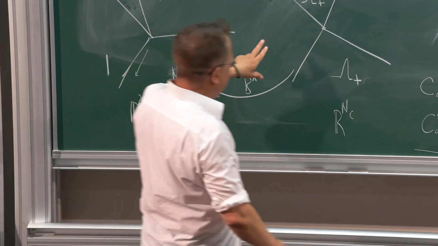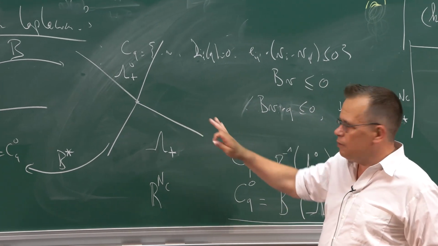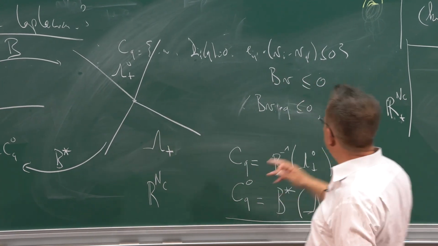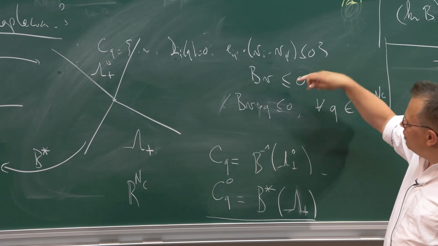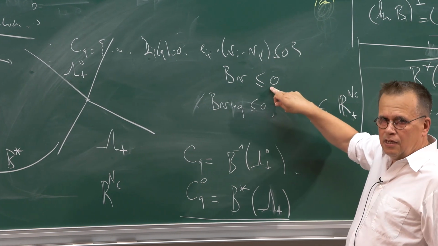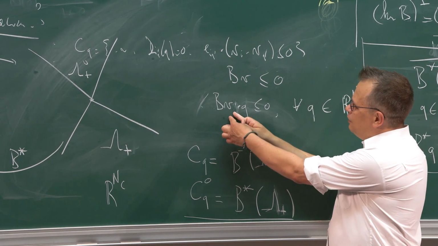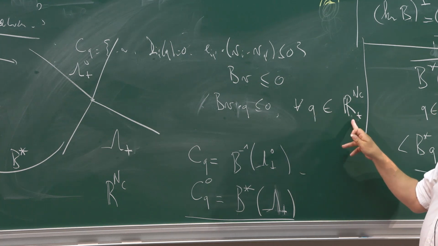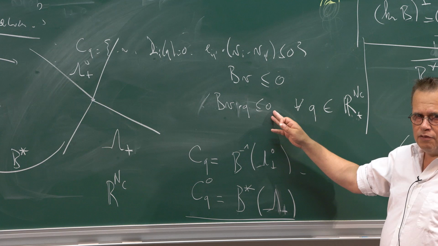This is quite general actually, but in the setting I present, it's just a way to express element-wise constraints. I'm just saying that a vector is non-positive if and only if I take the dot product with any vector in this R plus to the nc, and the result is non-positive.